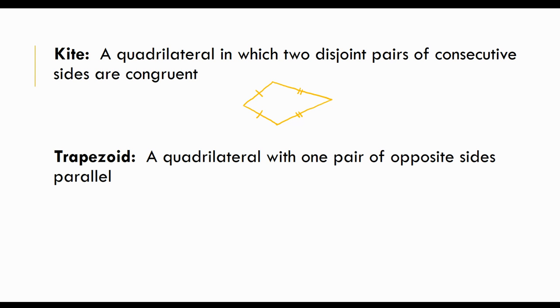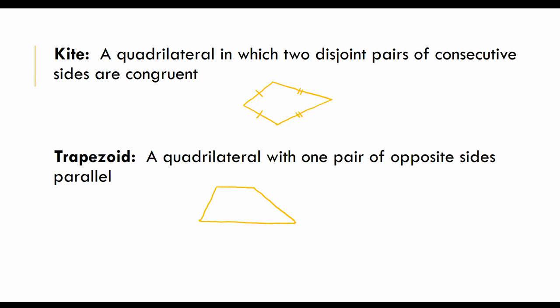A trapezoid is a quadrilateral with 1 pair of opposite sides parallel. So once again, it doesn't use the word parallelogram, so it's not going to be dealing with those 5 properties of a parallelogram. A trapezoid would look something like this. Once again, if it's a quadrilateral, it means that it has 4 sides.